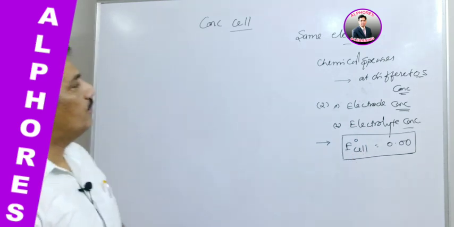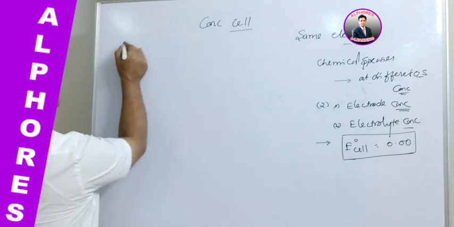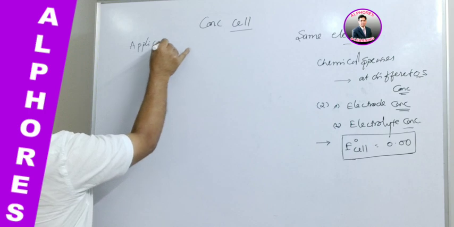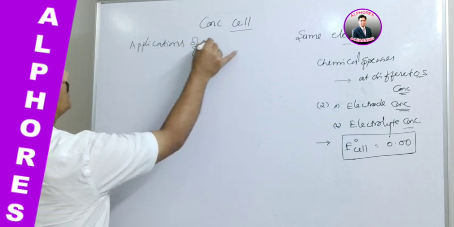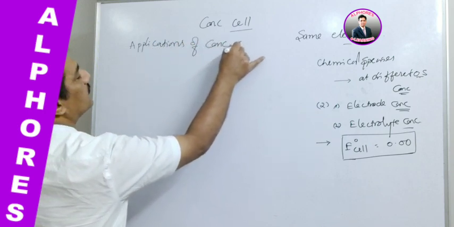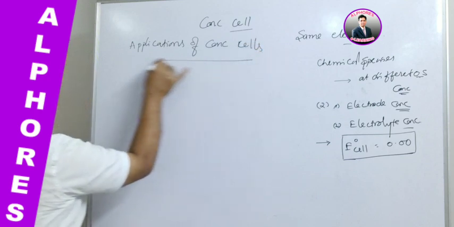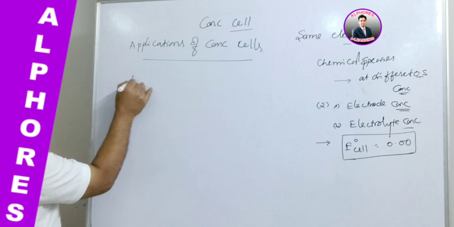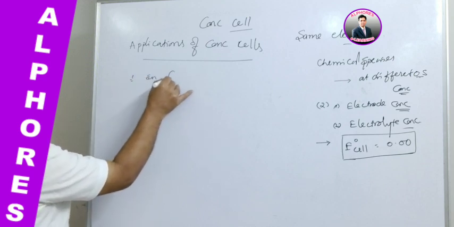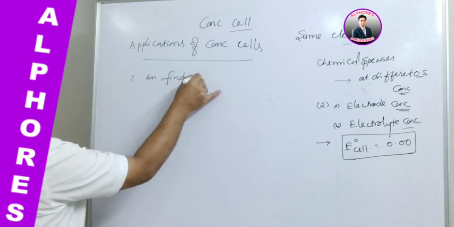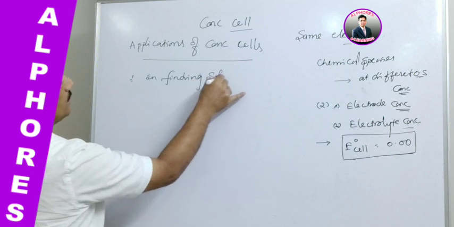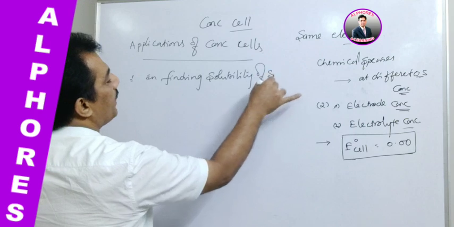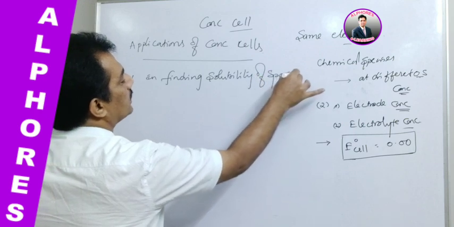Clear? And now where are we applying this concentration cell, that is, the applications of concentration cells? We find two applications. One is in finding the solubility of sparingly soluble salts.